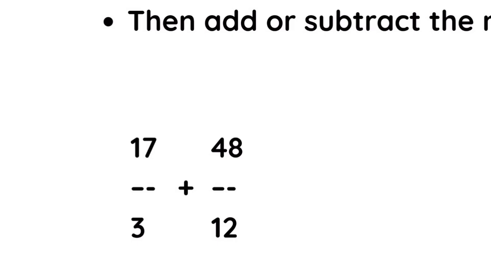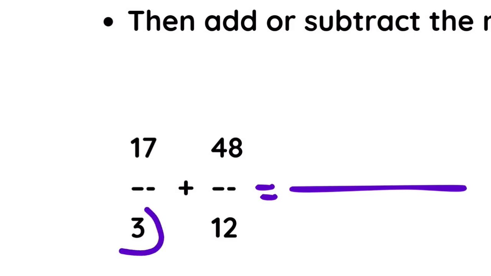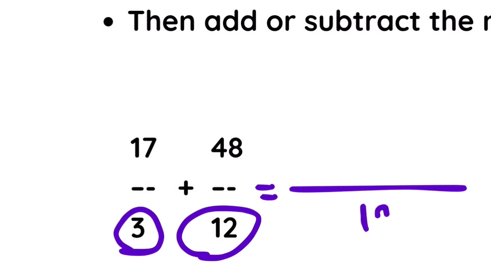In this example, we don't have the same denominator. So first we need to find a common denominator. In order to do that, we need to find the LCM of 3 and 12. The LCM of 3 and 12 is 12. You know why? Because 12 is a factor of both 12 and 3.